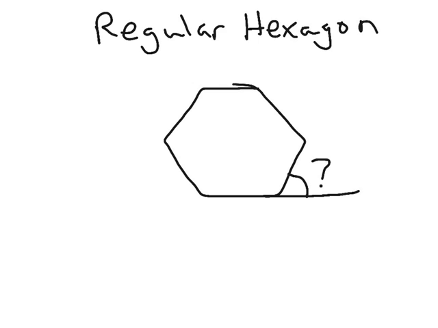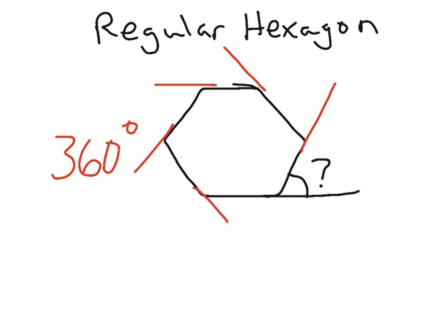One of the theorems is that if you keep extending all of the sides of any polygon, regardless, the total of the exterior angles is always 360 degrees. So how many exterior angles are there in a hexagon? Well, 1, 2, 3, 4, 5, 6, just like the number of sides. So I divide 360 by 6, and that means the measure of my exterior angle is 60.